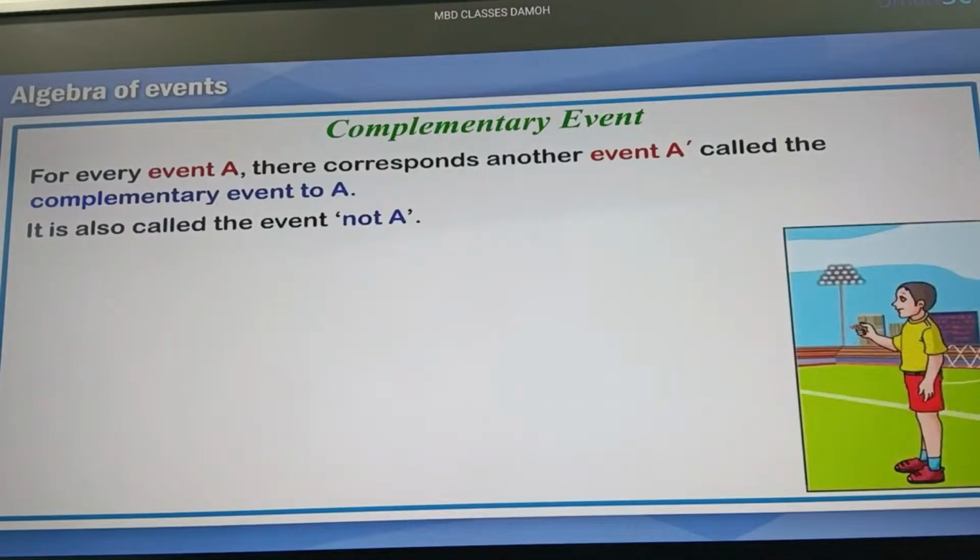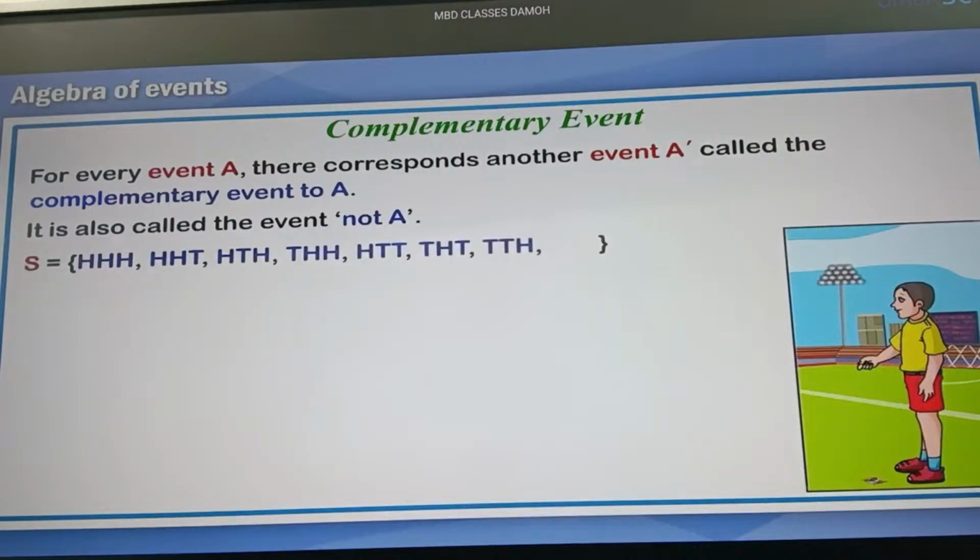For example, take the experiment of tossing 3 coins. An associated sample space is S = {HHH, HHT, HTH, THH, HTT, THT, TTH, TTT}.